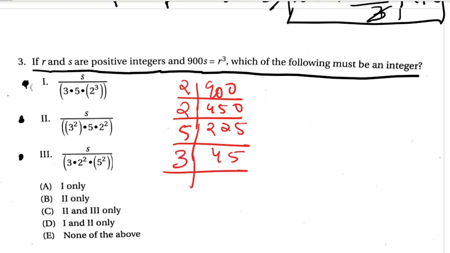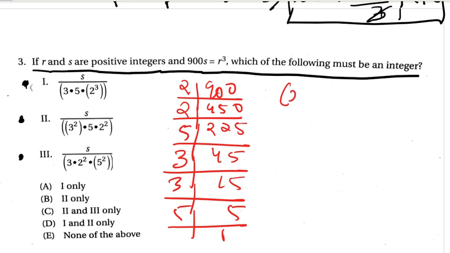Then 15, 5, and of course 1. So what are we getting? We are getting 2 to the power 2 into 5 to the power 2 into 3 to the power 2.